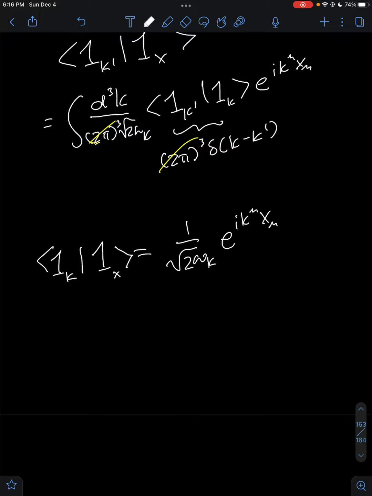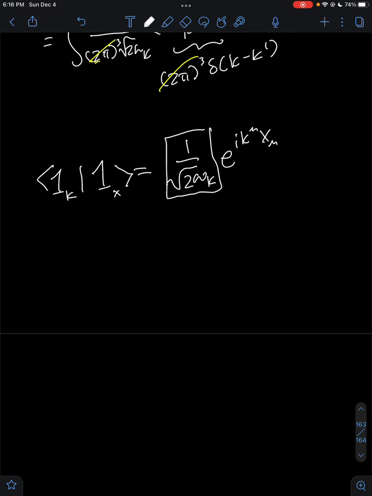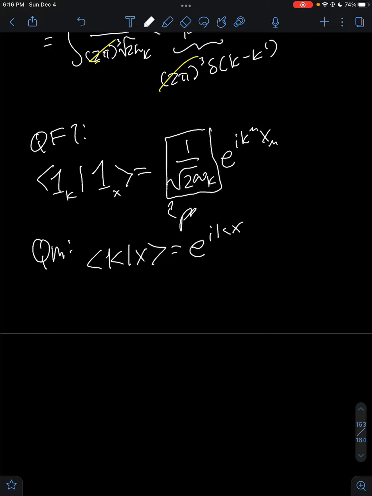So this is kind of like a plane wave, but again, we have this factor over here. Because in quantum mechanics, the inner product of k with x was just going to be e to the ikx. In quantum field theory, we still have this pesky term over here.